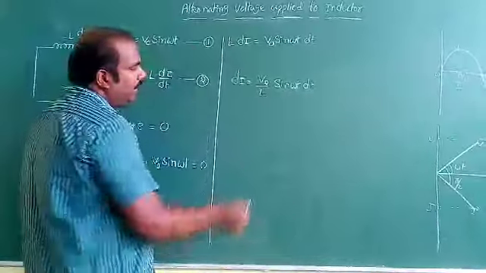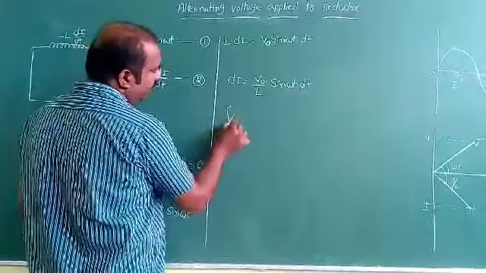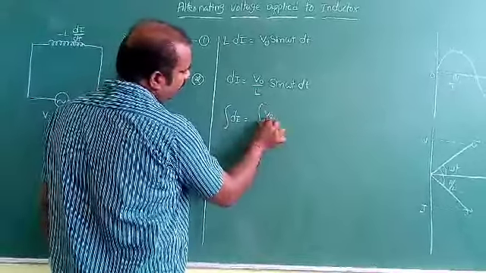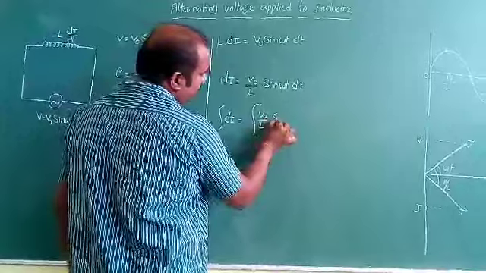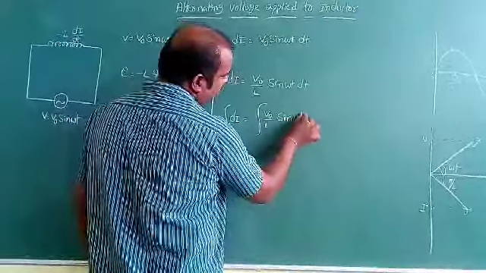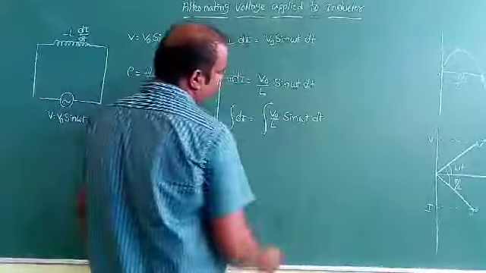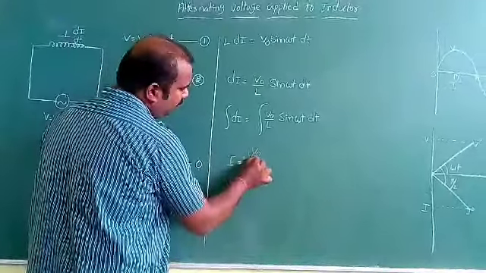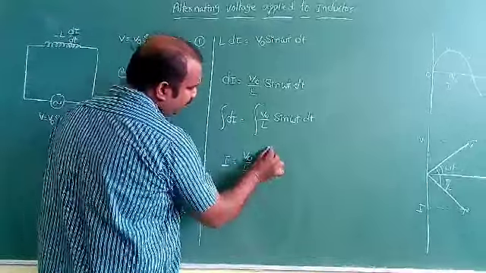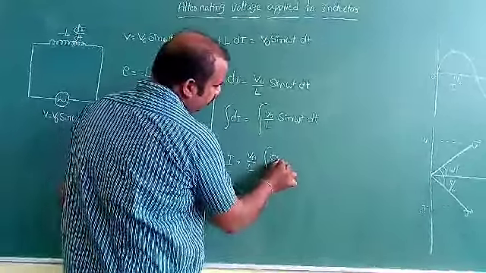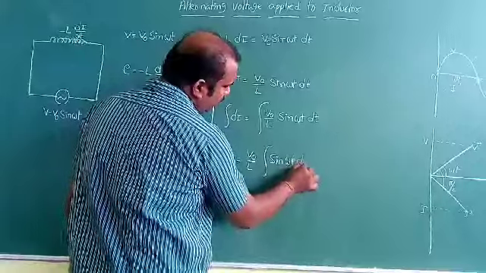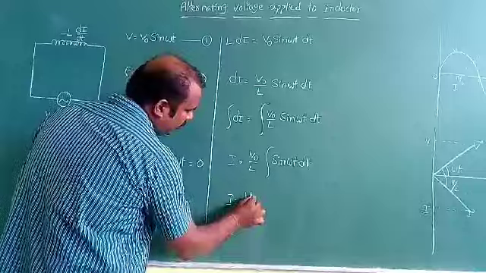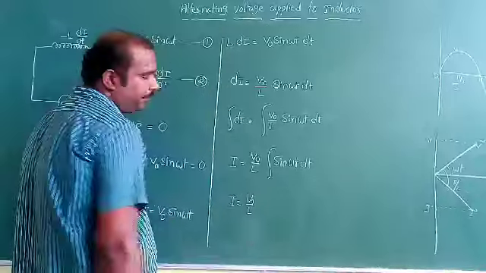Taking the integral, the integral of di is equal to the integral of V naught by L sin omega t dt. Now I is equal to V naught by L times the integral of sin omega t dt.